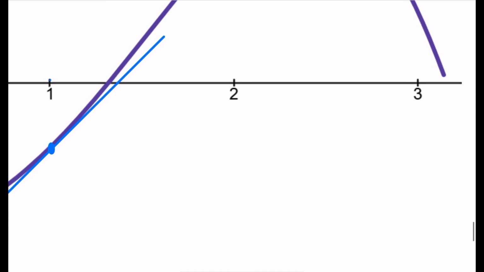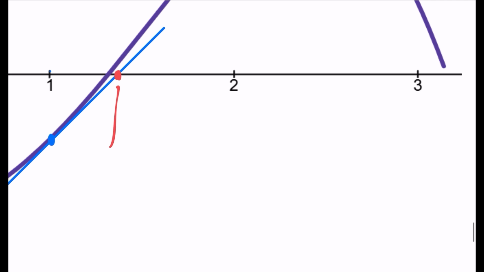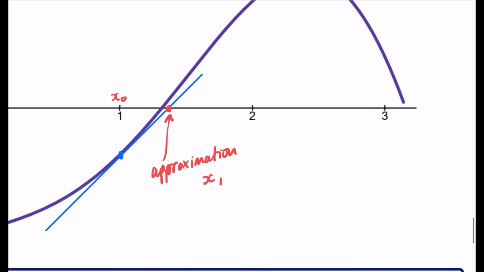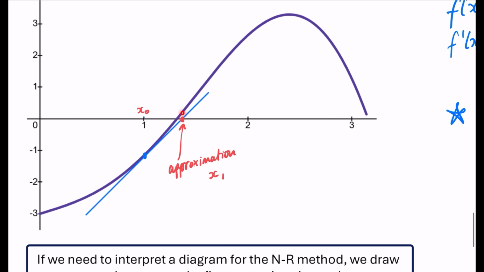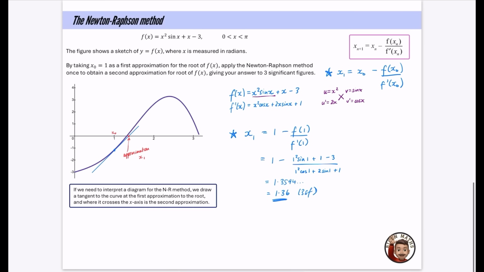And where it crosses the x-axis here, this is our approximation to the root, x1. This was our x0, and now we've got our x1 approximation. And again, if you wanted to do it, you would then go to this point, draw a tangent, and it should get really, really close to that point if you were going to do another approximation.